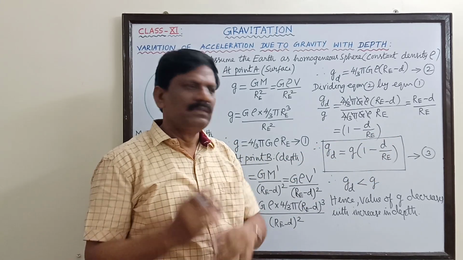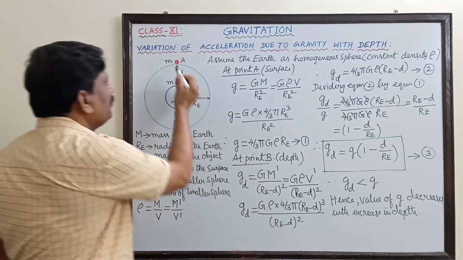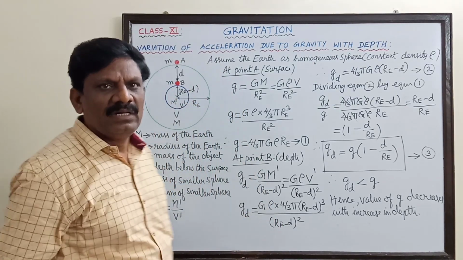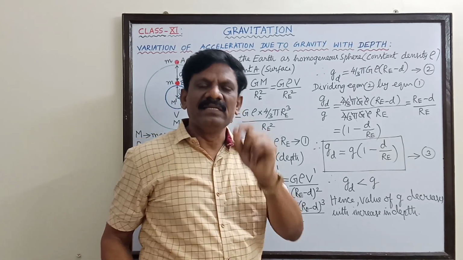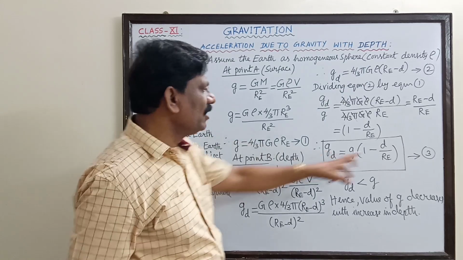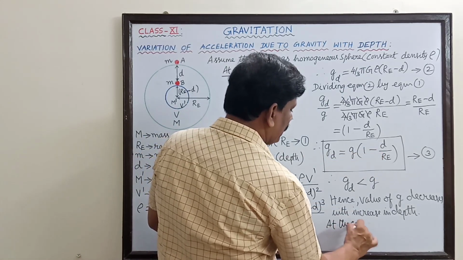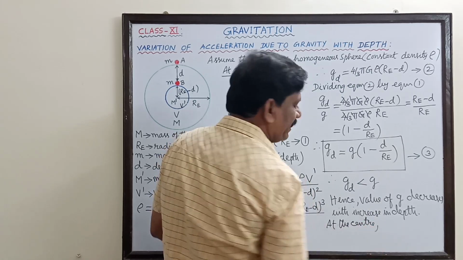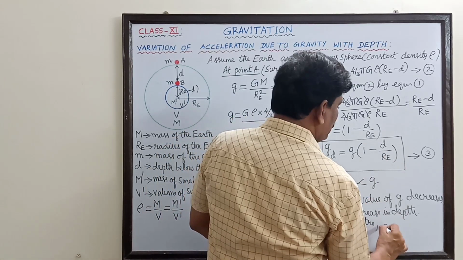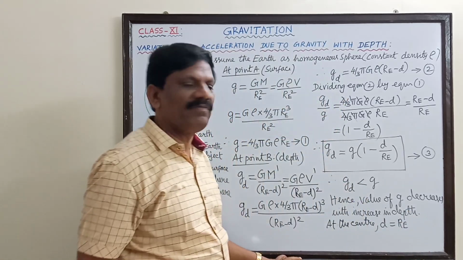Now as a special case, suppose at the center of the earth, if you keep this mass m, the distance of the mass from the center will become 0. So if d is equal to r, at the center of the earth, this depth is equal to the radius of the earth itself.